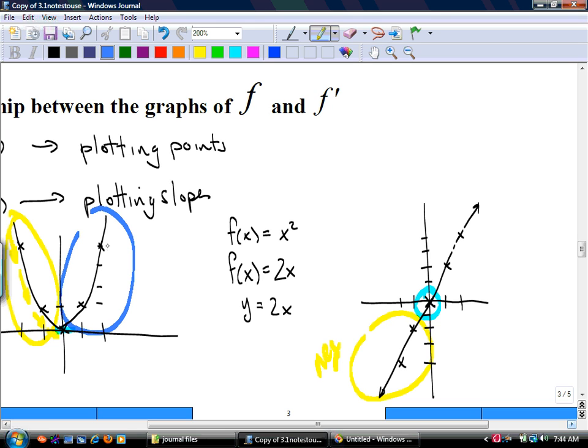So really positive slope here, and over here it's got a big positive y coordinate. Okay? Interesting? Okay, flip the page.